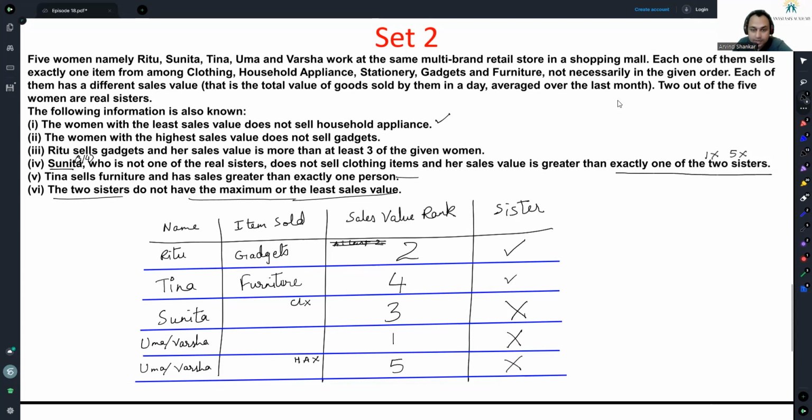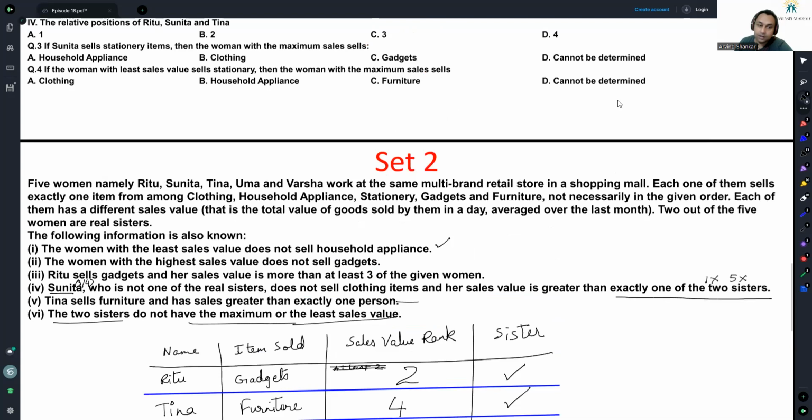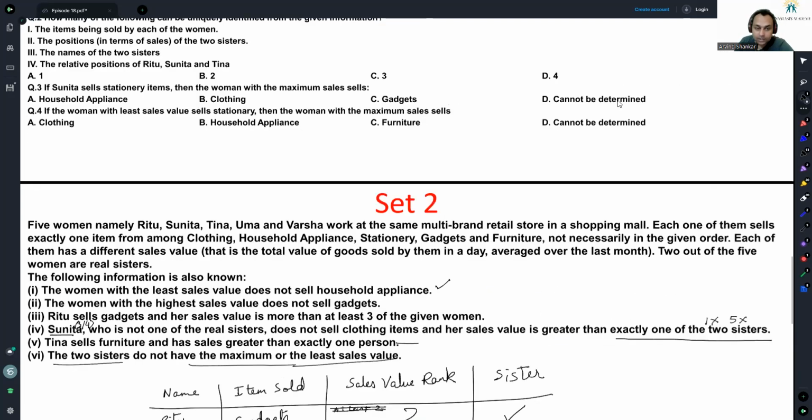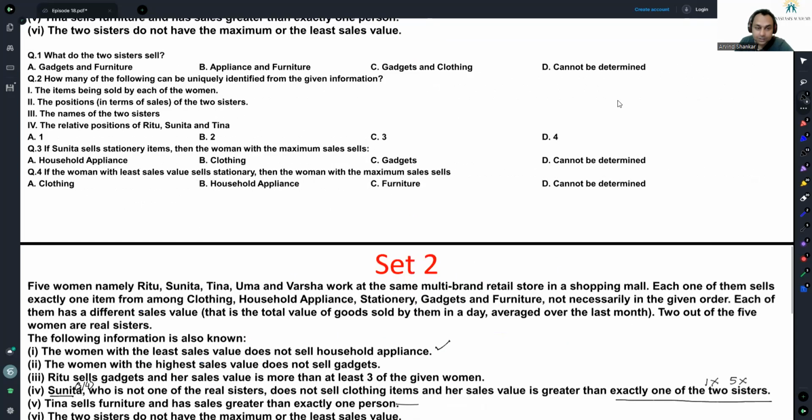So the 2 sisters are identified to me. They're Ritu and Tina. Ritu and Tina are the 2 sisters, and they're selling gadgets and furniture. Their sales value ranks are this and this. Items sold: lots of cases here to take care of. We will get to it later. What do the two sisters sell? The sisters sell gadgets and furniture.